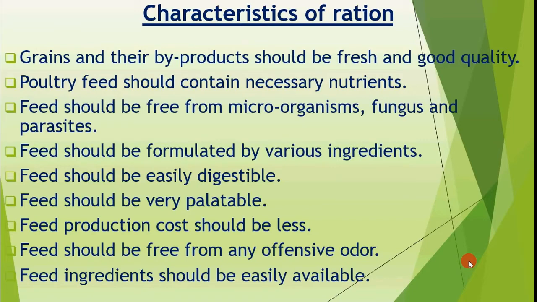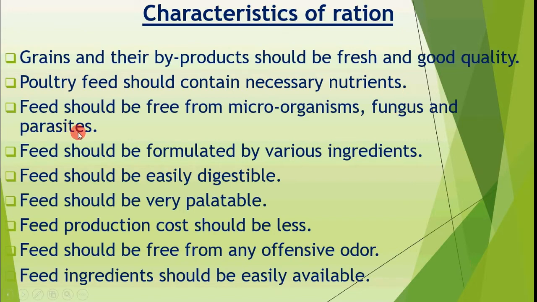Next, the important thing is characteristics of ration. When you select the ration, at that time you have to understand the characteristics. That means the food should be fresh and of good quality, and all types of necessary ingredients or nutrients should be present in that food. That food should be free from microorganisms like virus, bacteria, fungus and parasites as well.